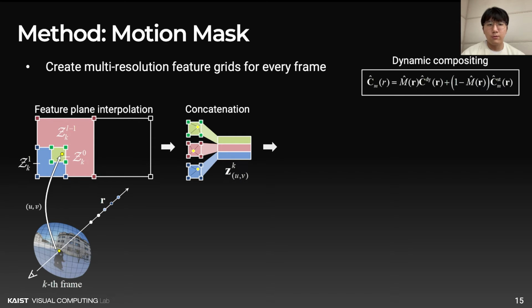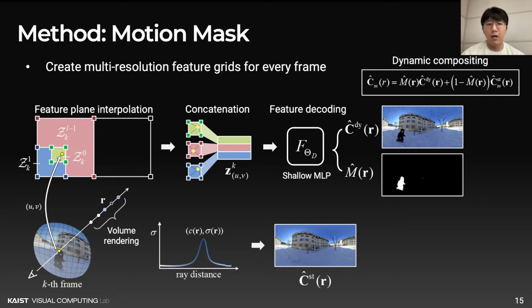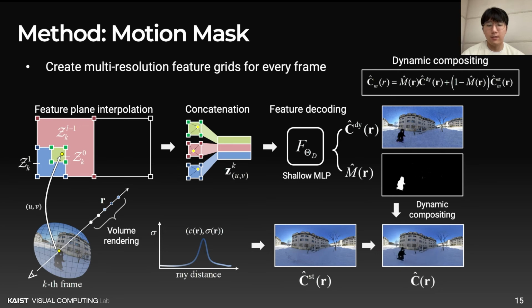We feed these codes to a shallow MLP and estimate the colors of dynamic objects and motion masks. Then, we render a static scene by volume rendering and render a final output frame by compositing the dynamic object and static scenery. We supervise dynamic colors and final output using the ground truth images and regularize the mask outputs.